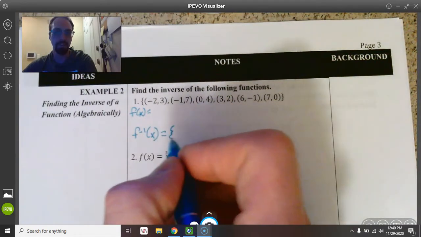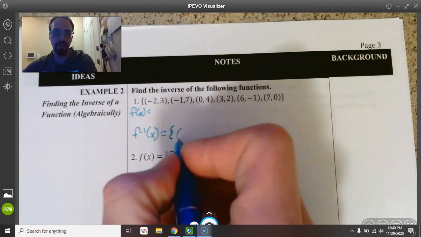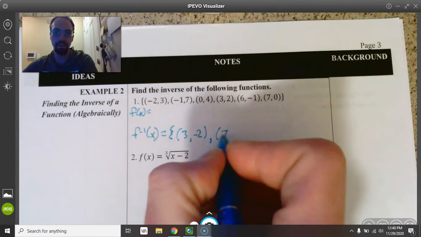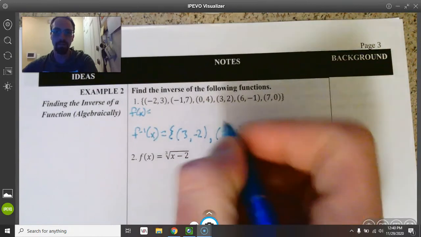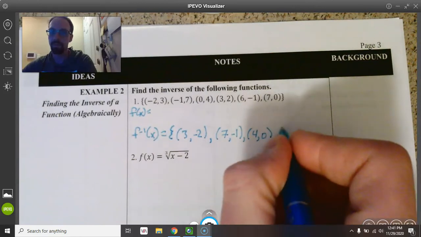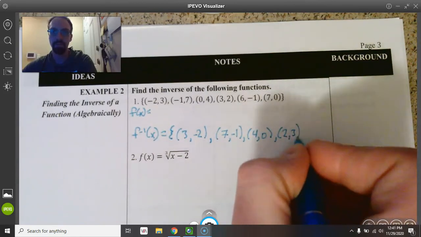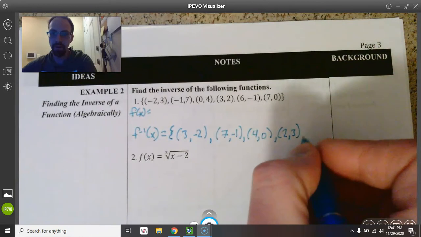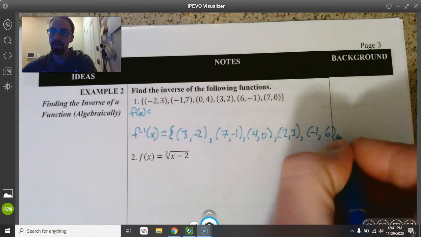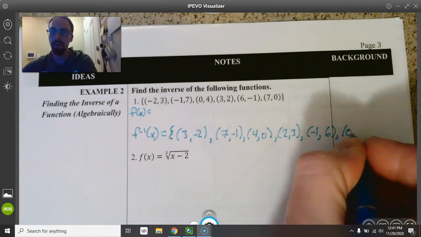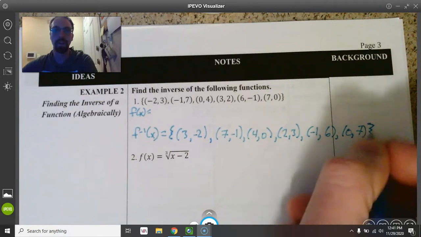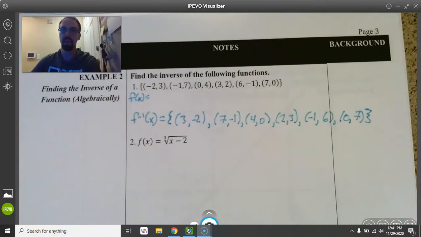It's set notation, the set of, and so then I just change 3, comma, negative 2, 7, comma, negative 1, 4, comma, 0, 2, comma, 3, negative 1, comma, 6, and then 0, comma, 7. And then we close the set to show that it's a closed set bracket.